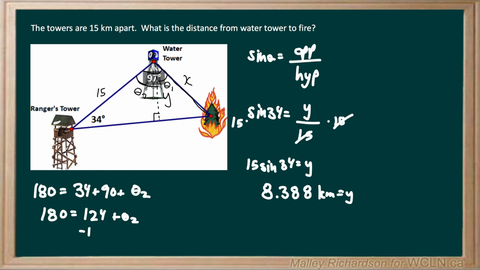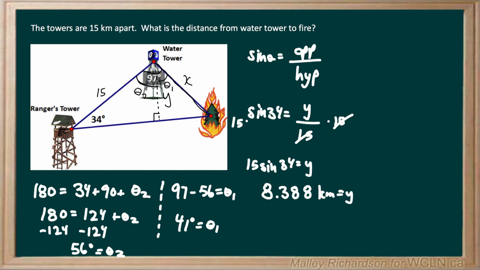And then to solve for theta 2, we want to subtract 124 from both sides. And 180 minus 124 gives us 56 degrees as our theta 2. So now that we solved for theta 2, we can solve for theta 1. Because we know that the whole angle is 97 degrees, we can use that to solve for our theta 1 by taking 97 degrees and subtracting theta 2, which we found to be 56 degrees. 97 minus 56 gives us our theta 1 to be 41 degrees.